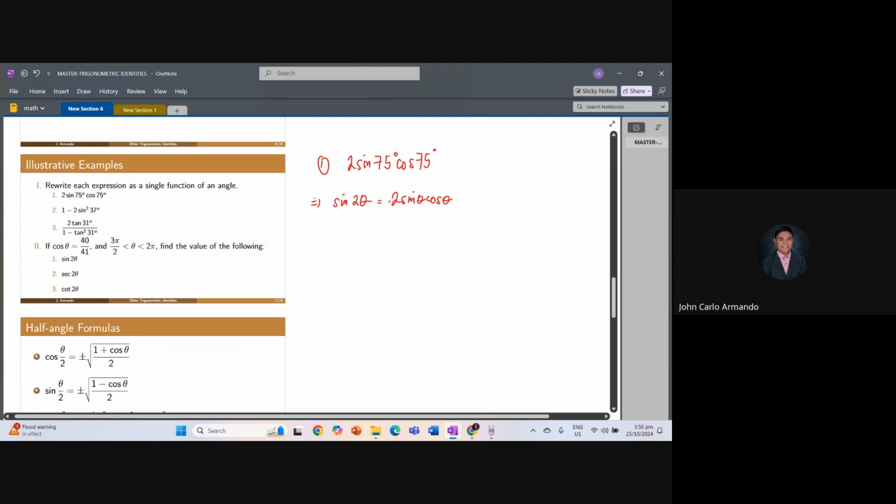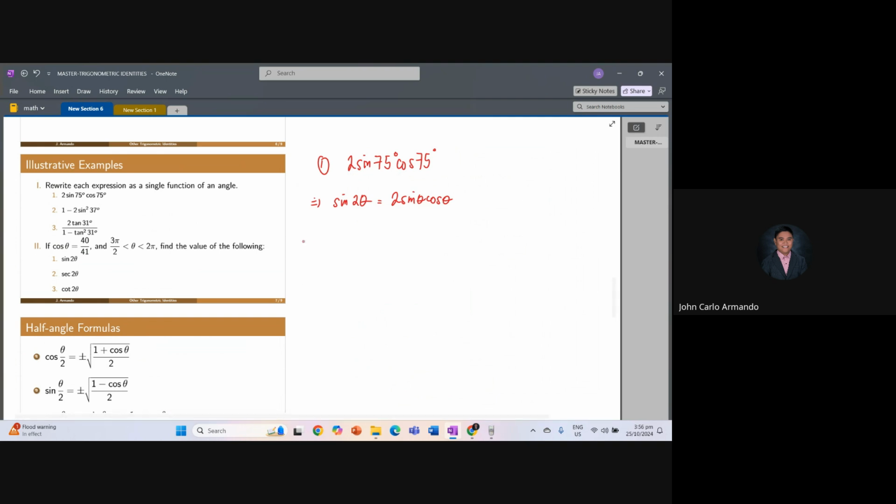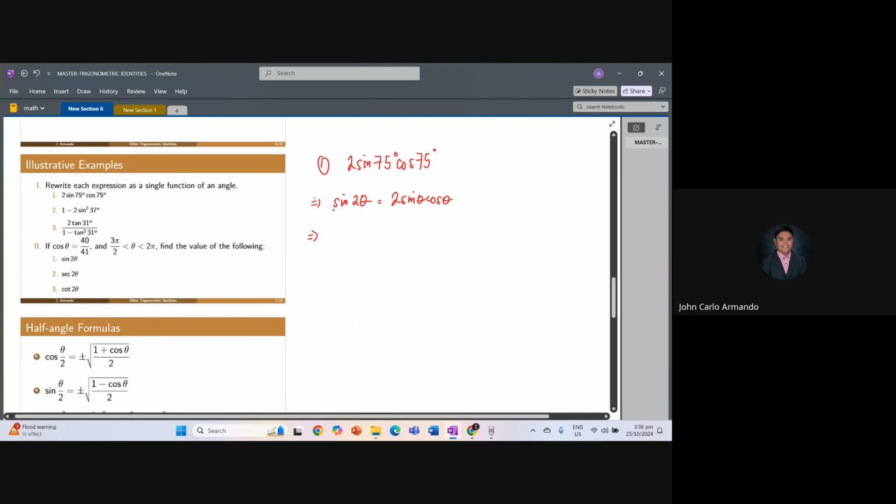Here theta is 75, so we just simply substitute 75 for theta in this left side. So sine 2 times theta, which is 75 degrees. And the answer is sine 150 degrees.